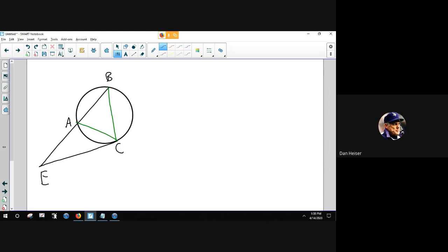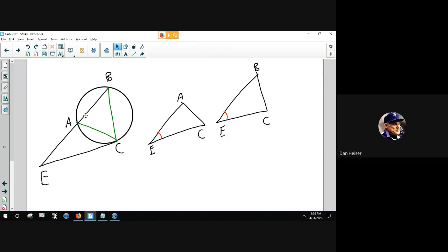And what that will do is give me a couple of triangles. I want this triangle, A, E, C, and I want this triangle, B, E, C. Well, angle E, again, is common to both. Now, here I have to be a little careful. First of all, let me be careful with these angle C's.